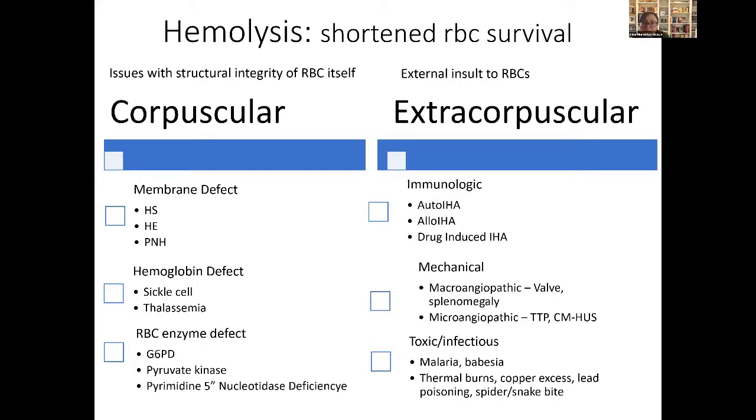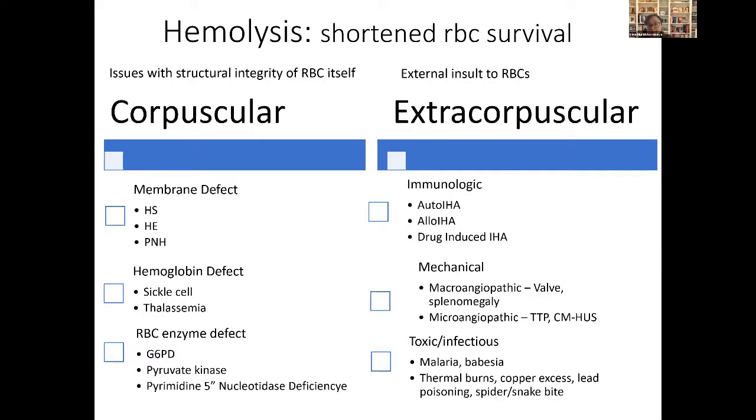There are mechanical defects that can cause hemolytic anemia, and most commonly, those include hemolysis from something like a mechanical heart valve or splenomegaly, or microangiopathic hemolysis. And here we're talking about thrombotic microangiopathies such as TTP, complement-mediated HUS, and DIC.